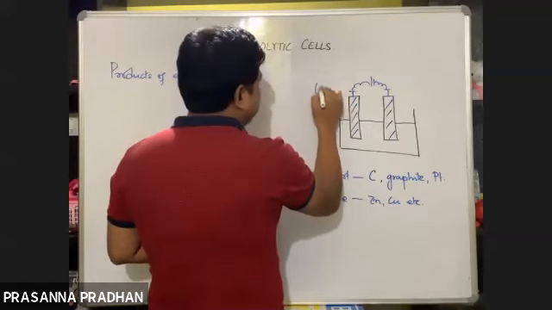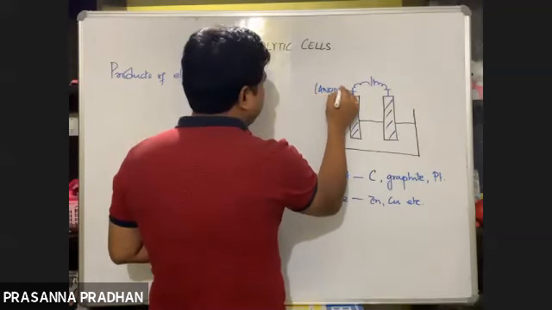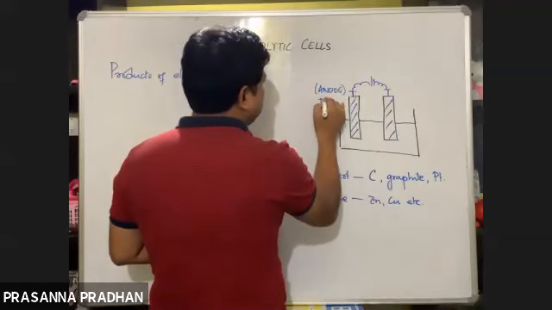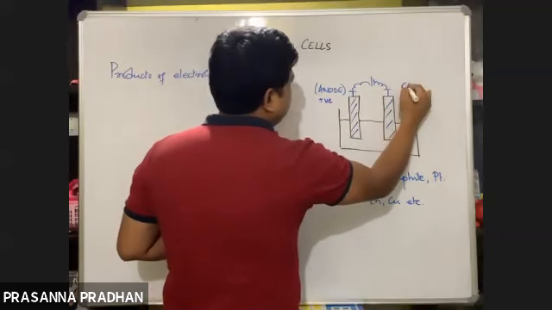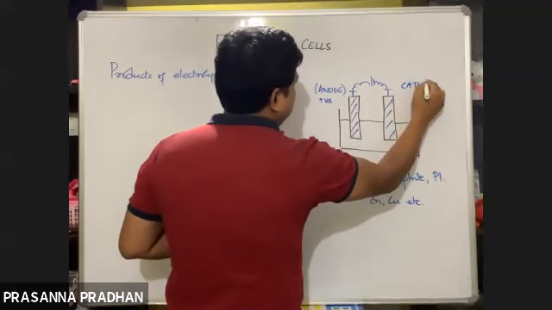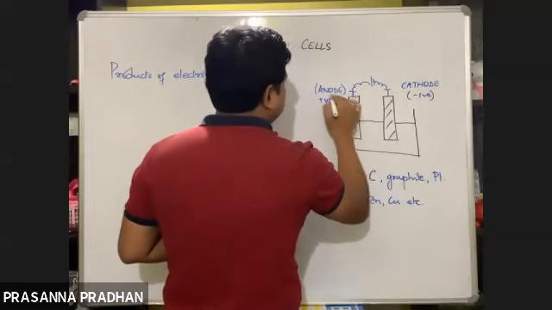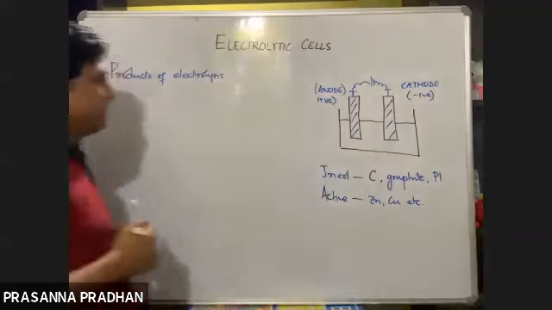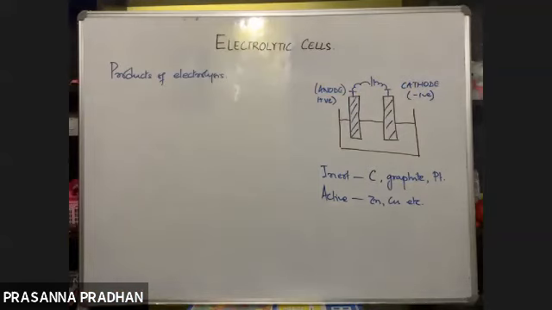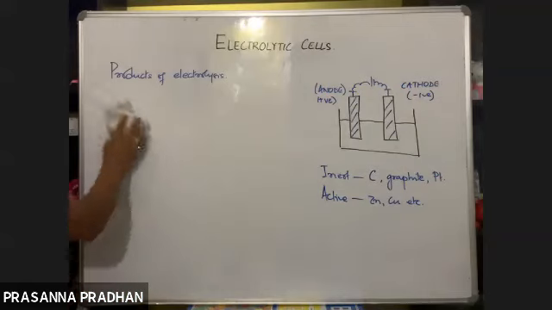Remember, the anode is the positive, not the negative. The cathode is the negative, not the positive. It's just opposite to that of an electrochemical cell.